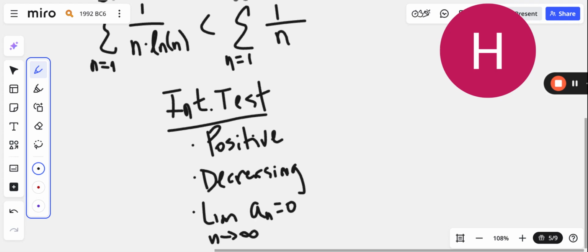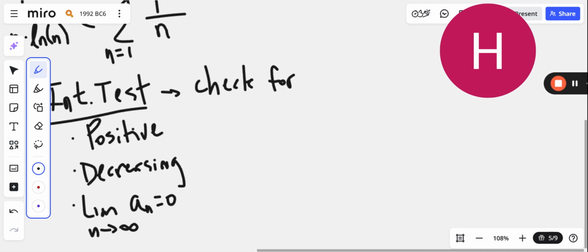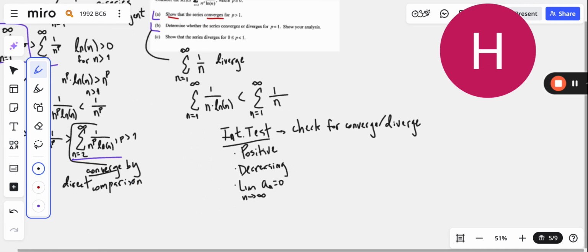And if we can verify those three things, then the integral test says we can check for convergence and divergence. It doesn't give us the convergent sum. It just tells us that we could use an integral to validate whether or not it converges or diverges. And that's all it's asking for, to determine whether it converges or diverges.